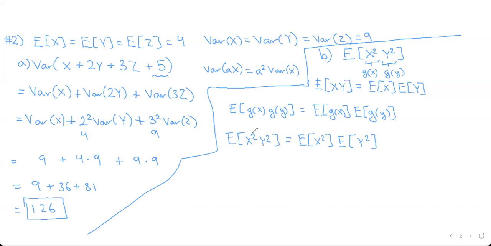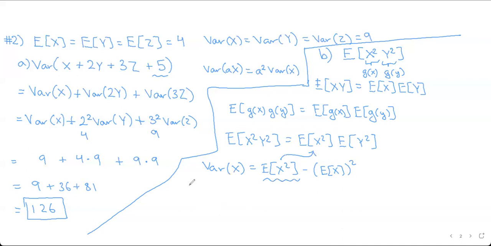And so what we're missing now is what is the expectance of x squared and what is the expectance of y squared? Well, we can do that by using one of the alternative definitions of variance, right? We know that the variance of x is the expectation of x squared minus the expectation of x squared, okay? And we're looking for this part right here.